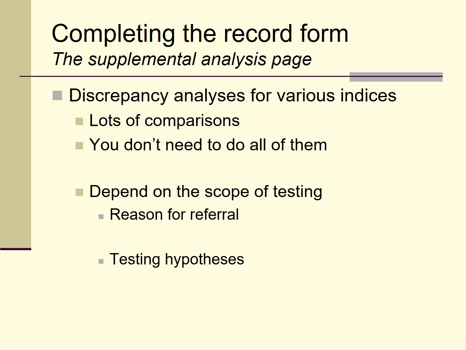What are the specific hypotheses that we're trying to evaluate, and so on. This is kind of like we saw when we looked at the WAIS. There are lots of little discrepancy analyses we could do between all the various subtests or all the various indices. Typically we don't need to do all of them. We just do the ones which are interesting or important to us based on the questions that we have or the hypotheses that we have.